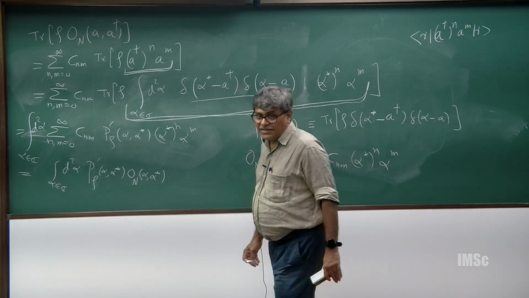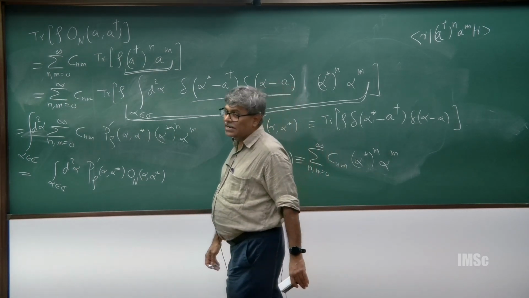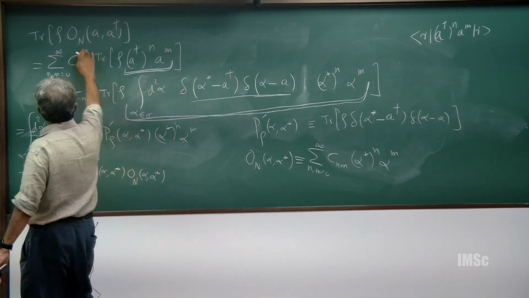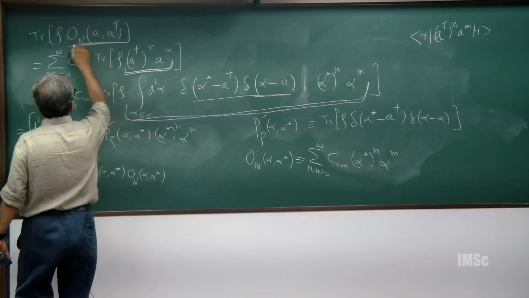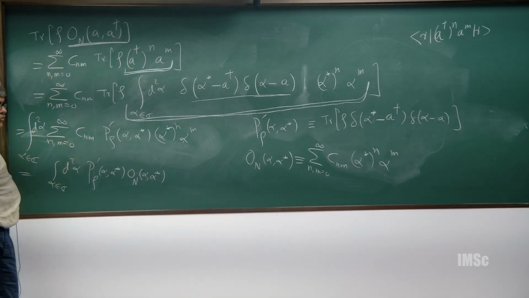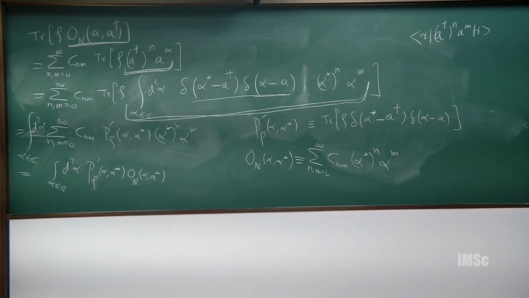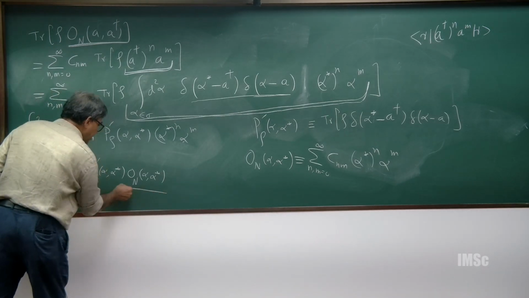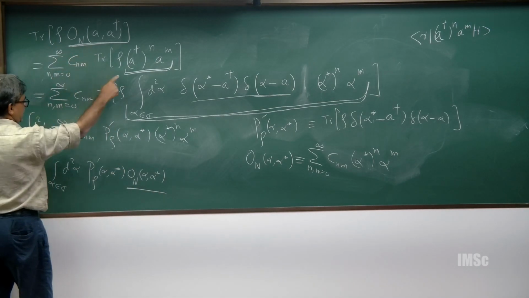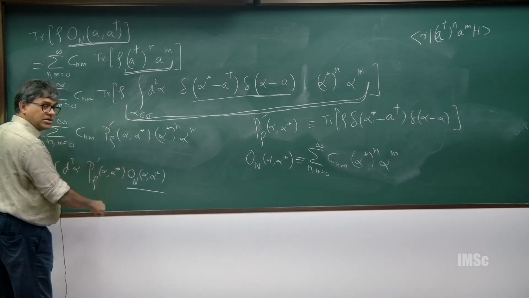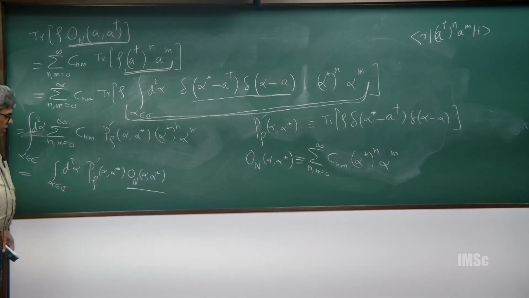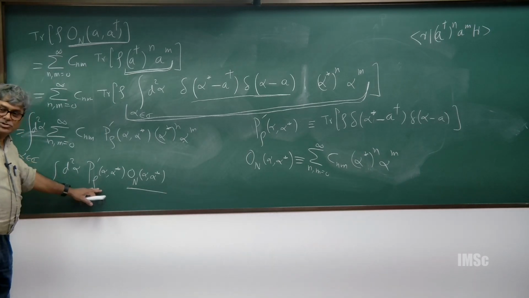So, you see that if I want to calculate the expectation value, the average value of a normally ordered operator with respect to my state rho, it is equivalent to the statistical average of this function, the corresponding classical function you can say, with this quasi probability distribution.